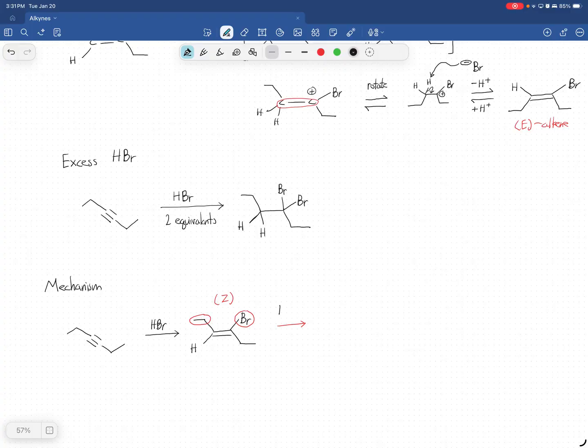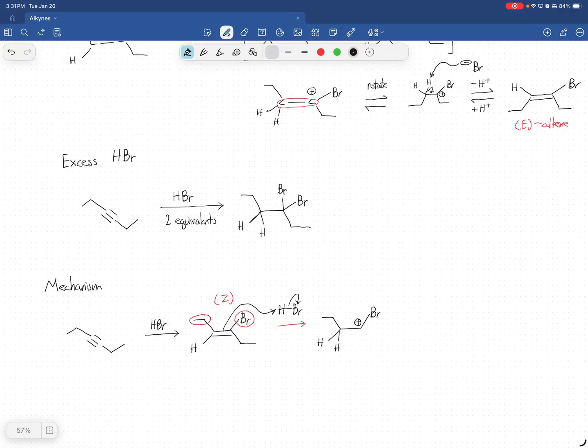We kind of saw it initially here. HBr. Now we said that the hydrogen goes onto this carbon because we can generate a carbocation that is resonance stabilized.